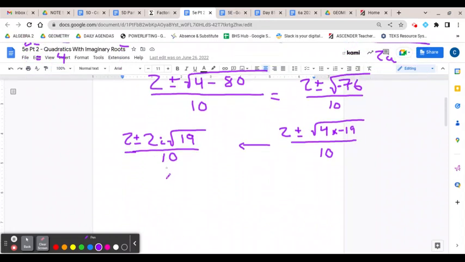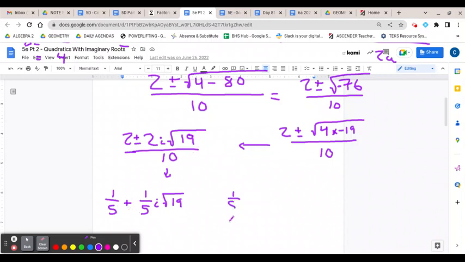And we could even split this up further into two things. Okay, so what we're going to have is 2 over 10, which we could reduce to 1/5, plus this 2 over 10 is also 1/5 i root 19. So that's 2 plus 2i root 19 over 10. We could also minus it.